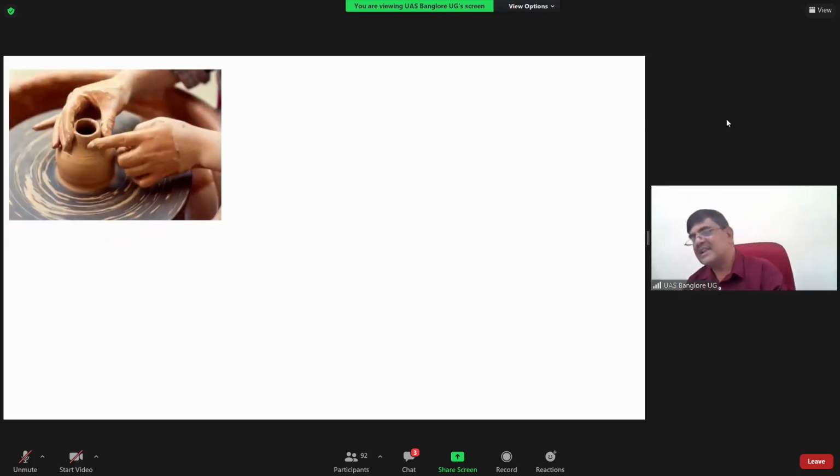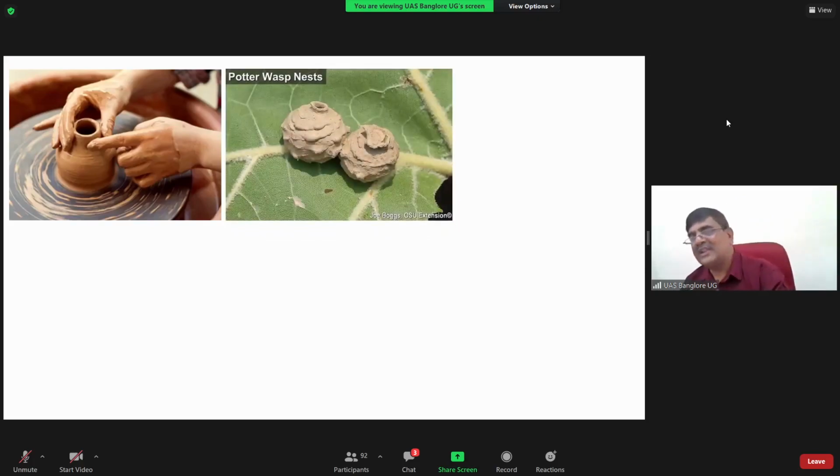If you look here, I think all of you can make out that this is a pot made by a potter. If you go to village sites, you can see how exactly the pots are made. But if you look at the adjacent diagram, these are also pots, made by insects.